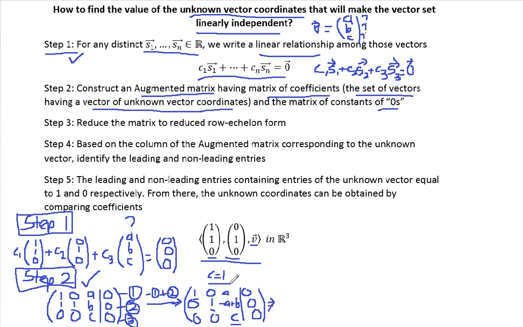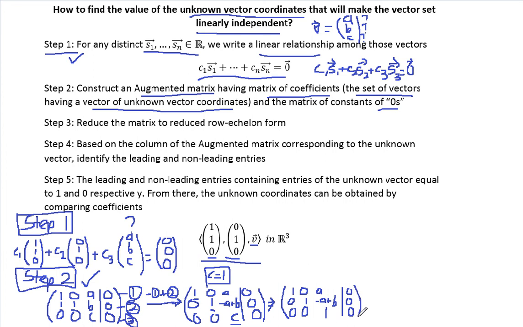We found these values already, let's keep it: 1 0 a 0, 0 1 minus a plus b 0, 0 0 1 0.